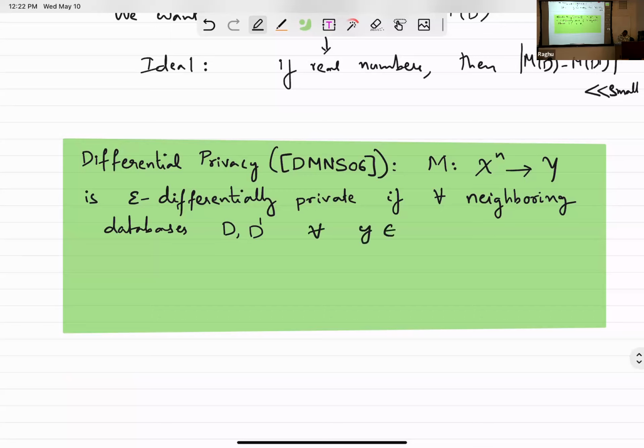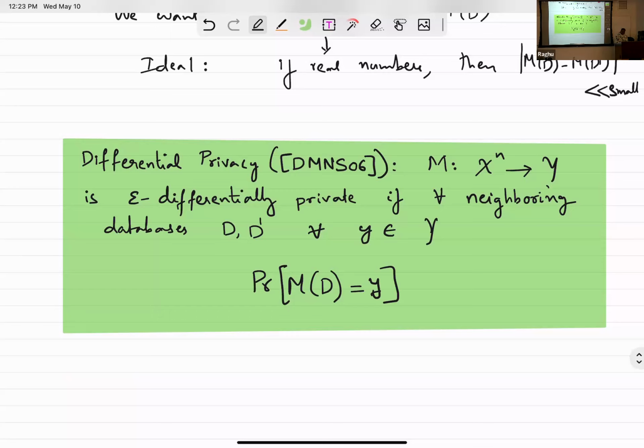If for all possible values y in the range, the chance that the mechanism outputs y when you're given database D is close to the chance that the mechanism outputs y when you're given D prime as input. Imagine I'm looking at the 16th decimal point and ask, is it 0?